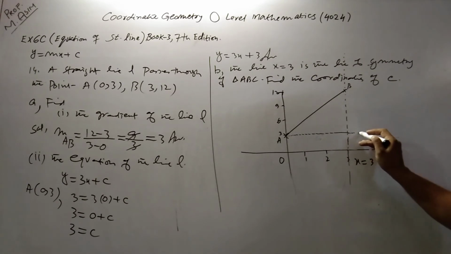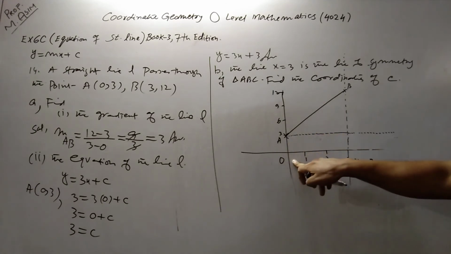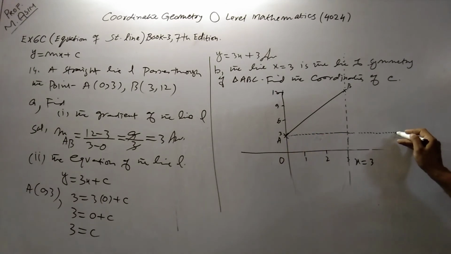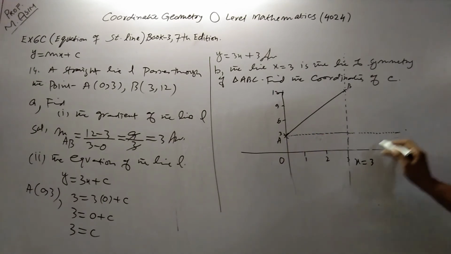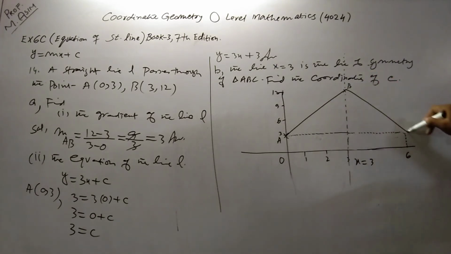So I am extending this. This is from 0 to 3, and this is from 3 to 6. And therefore this point should be the coordinates of C.